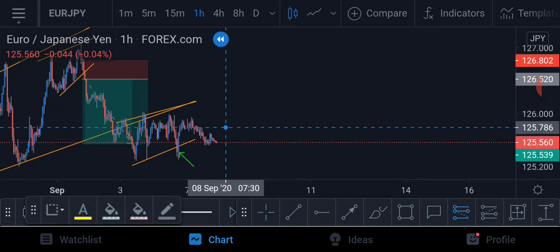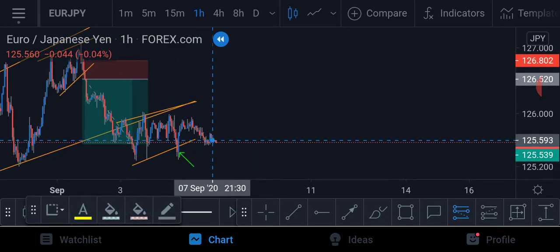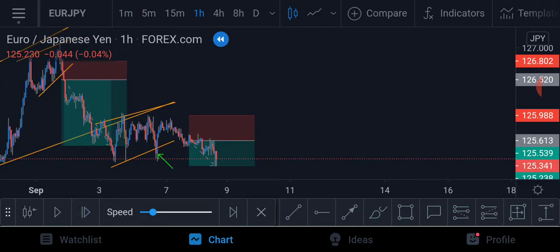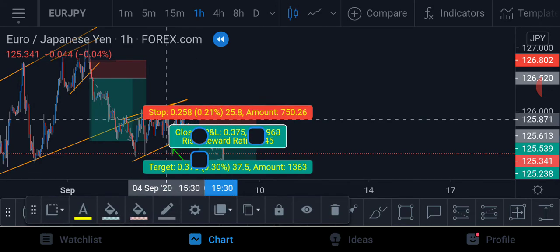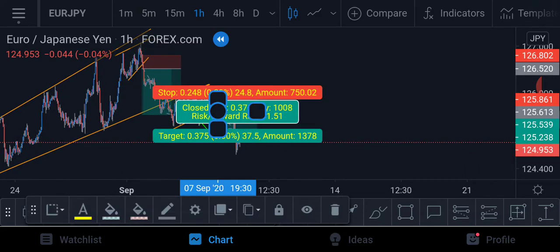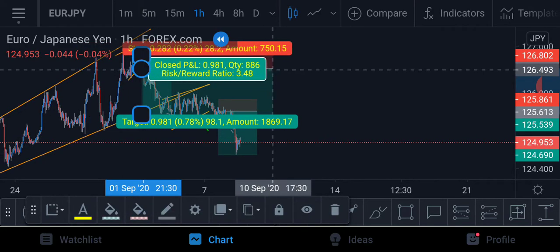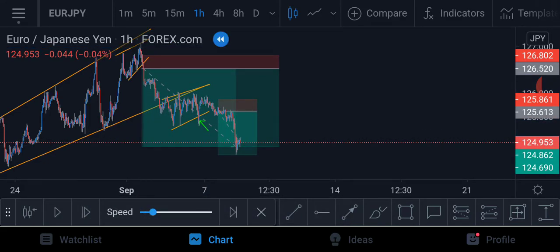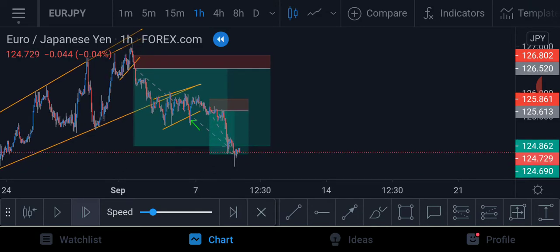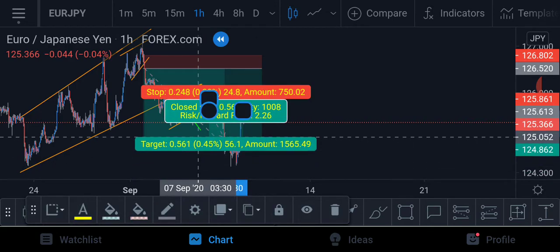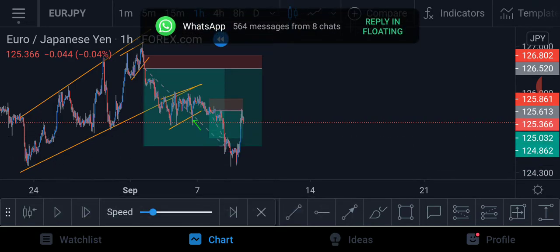Now price broke out from this trend line and made this retest, so I am entering on the retrace with a stop loss of 25 pips, and price is moving down. We didn't close our first trade, which is running very beautifully, more than 150 pips. Here we got stopped out on this trade. One was in 60 pips profit and one is 165 pips in profit.